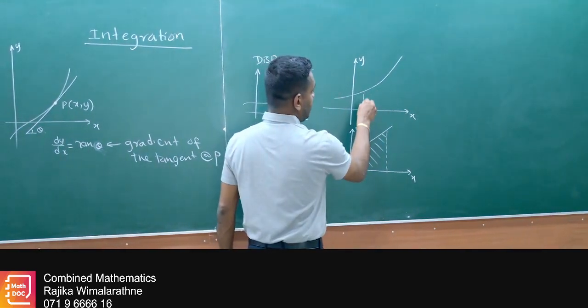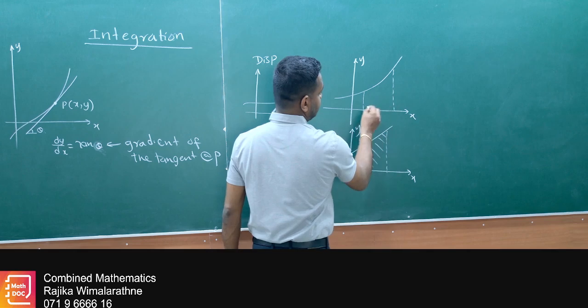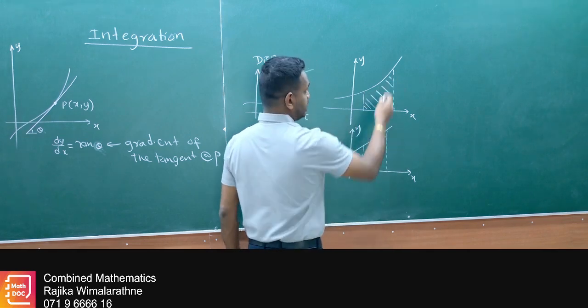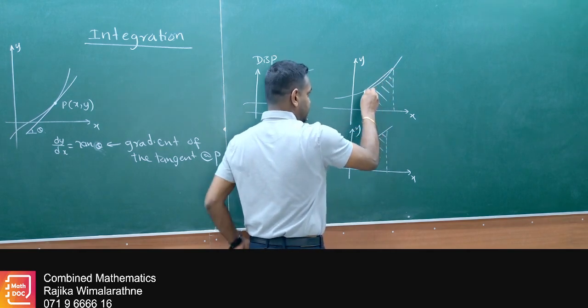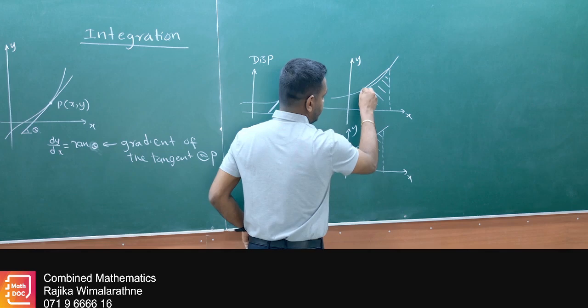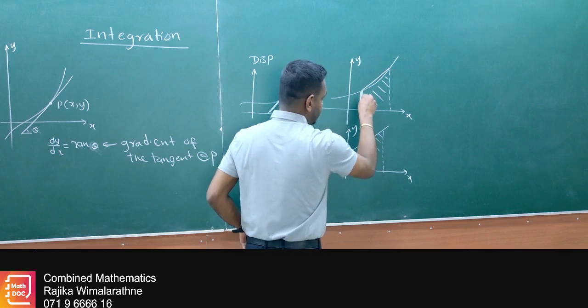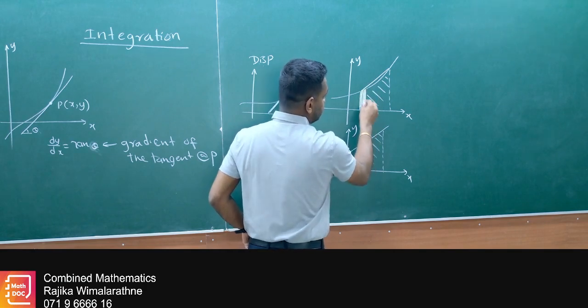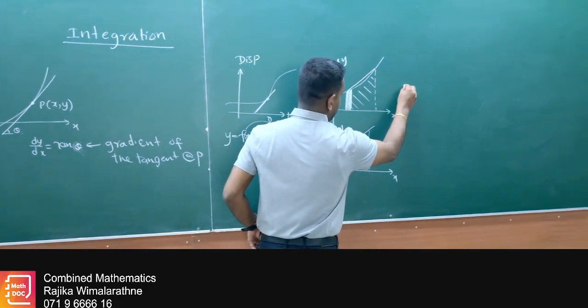Now for this one, bounded area, we can't do it such a way. So to find this area, we split it into very small sections.